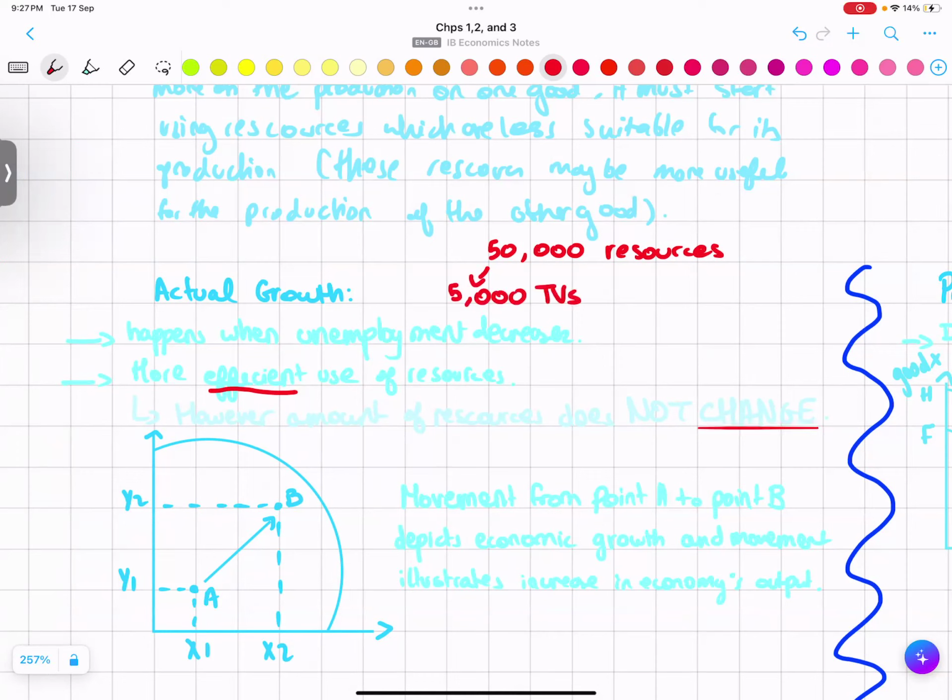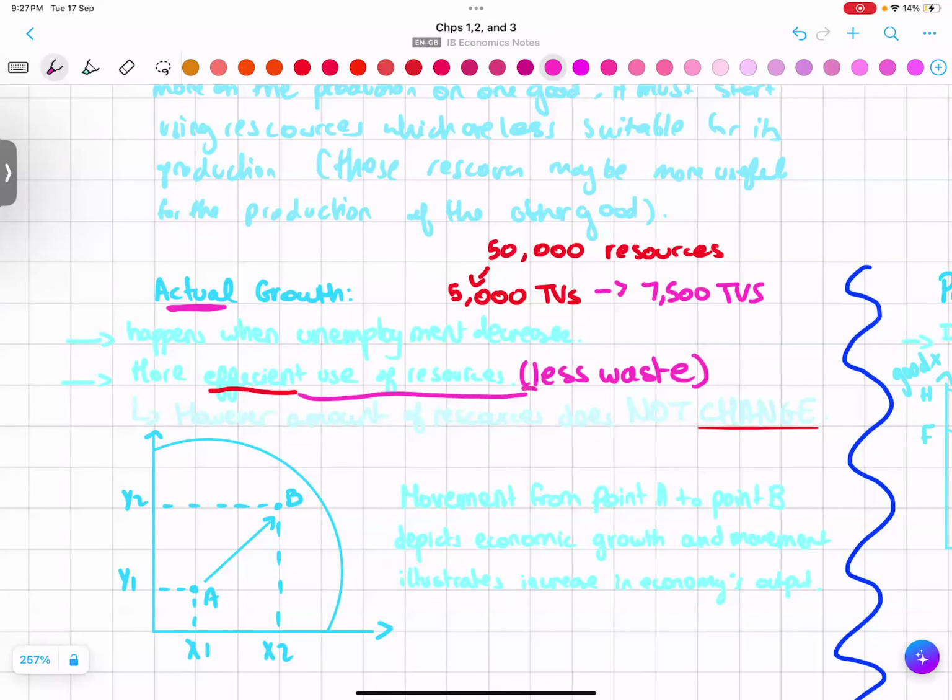But after you have actual growth, you actually begin producing 7,500 TVs, right? So this is actual growth because here you're using the resources in an efficient way, meaning that there is less waste, because efficiency basically indicates that there is less waste.